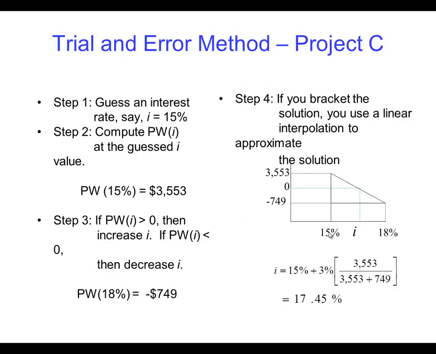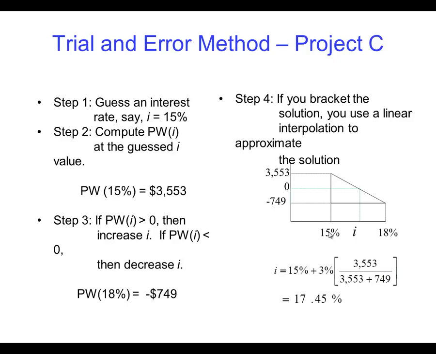For the third method, which is the trial and error method, we can use the information provided in project C, assuming an interest rate I, then calculating the present worth. If it's positive, then I will increase the rate. If it's negative, then I will decrease the rate until I find the proper rate. So it's like a trial and error process.